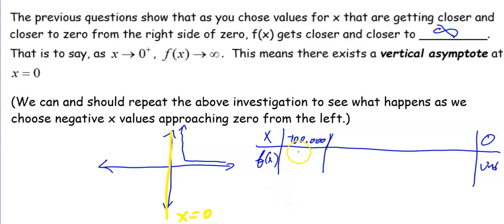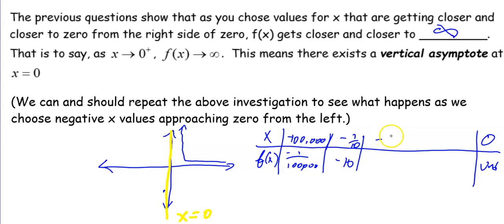Again, we're going to have negative 1 over 100,000. But let's get closer to what's happening here. Let's do negative 1/10. That's going to be negative 10. So when we're really close to 0, we're going to be at negative 10 in the y direction.